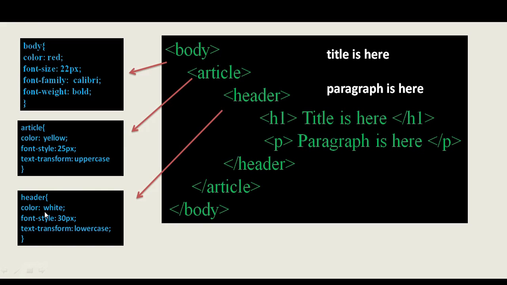We are overriding the yellow color with white, overriding the font size of 25 pixels with a font size of 30 pixels, and overriding the text transform from uppercase to lowercase. Here there is some mistake: the property name is font size, not font style. Sorry for that correction. Here we require font size.